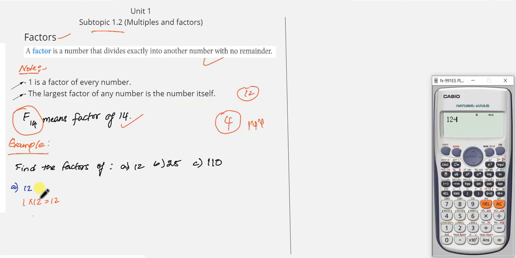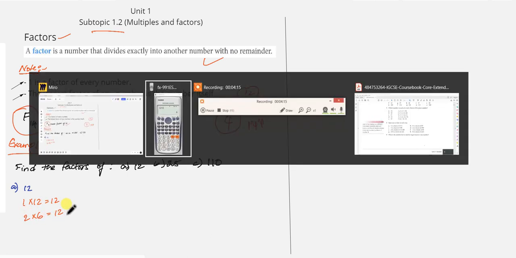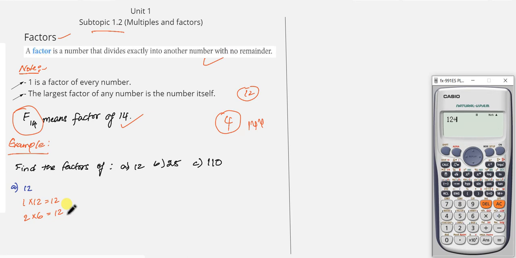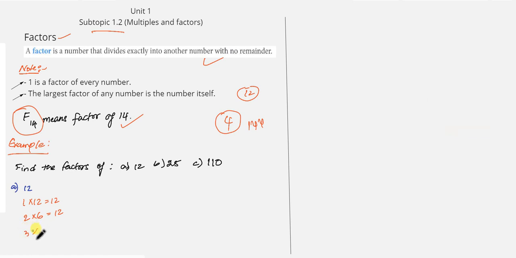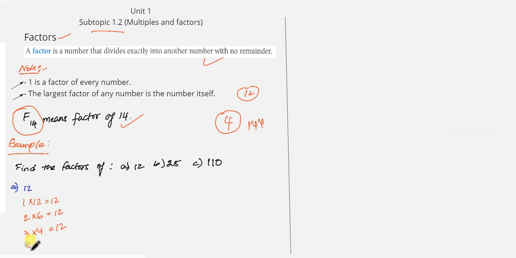So 12 divided by 2. Yes, so we can write 2 times 6 is equal to 12. Let's try 12 divided by 3. So 3 times 4 is equal to 12. And we can also divide 12 by 4. So we get 4 times 3 is equal to 12.